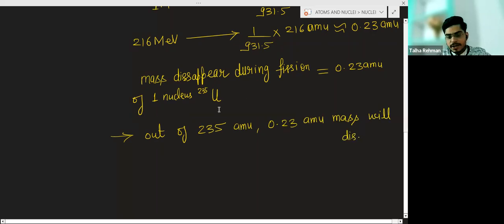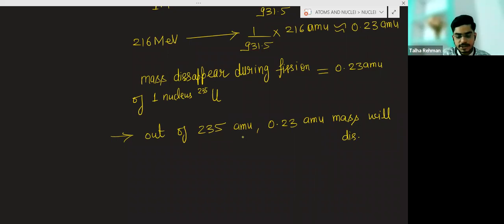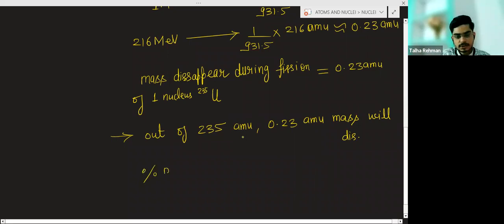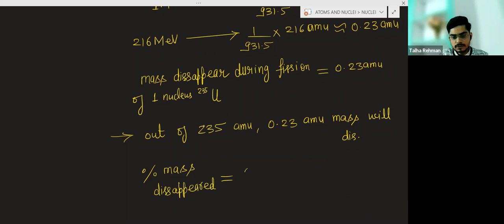So now you can calculate the percentage mass that is disappearing during the fission of one nucleus of uranium-235. So percentage mass that is disappeared is equal to the mass disappeared divided by the total mass, means 0.23 divided by 235 and multiplied by 100.